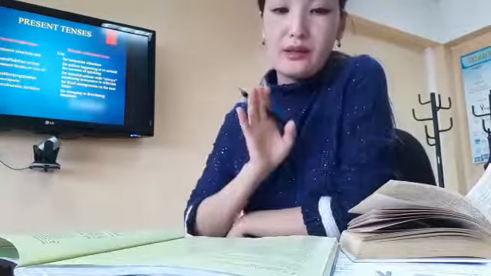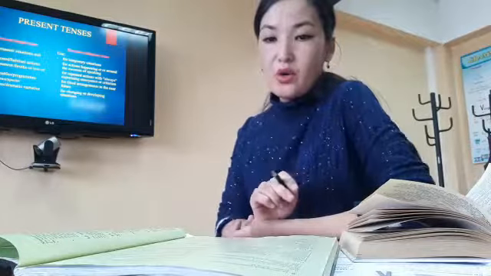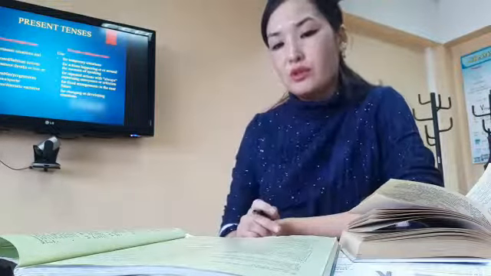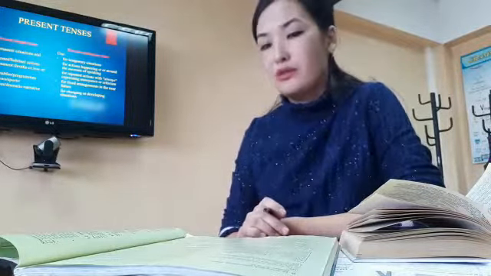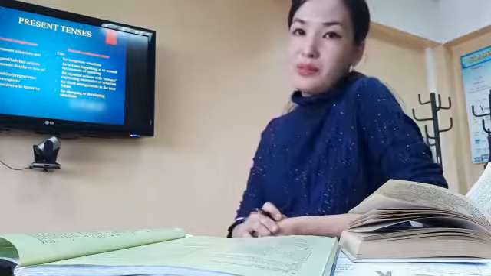Now the next topic is future simple, келер шақ. In English we don't have one future tense. We use several forms to talk about different ideas about the future. We use will, shall plus infinitive without to, to express an intention or promise.